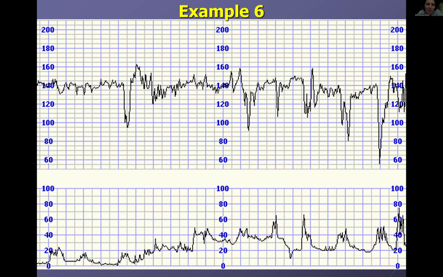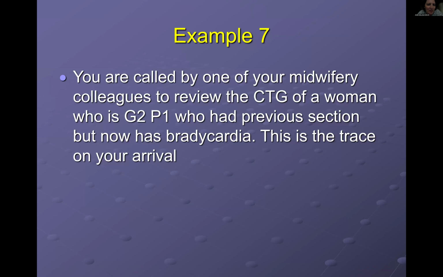All right. So basically, you're on labor ward and one of your colleagues calls you to review the CTG of a lady who's in her second pregnancy, who had a previous cesarean. So first baby was born by cesarean section, let's say because of breech, for example, and she's now delivering her second baby, and she decided to try to go for a normal vaginal delivery.